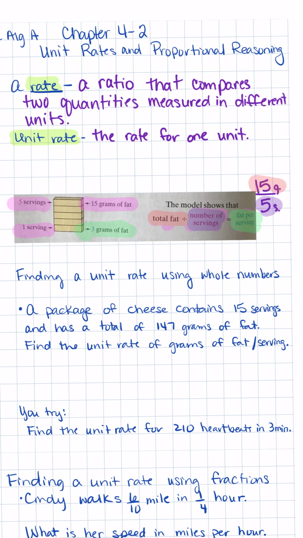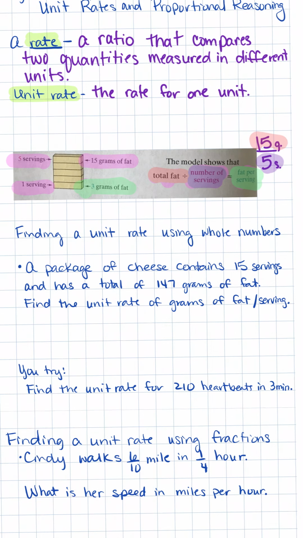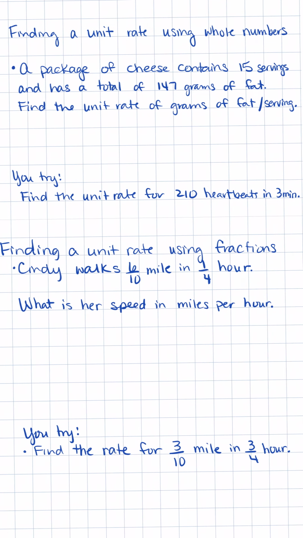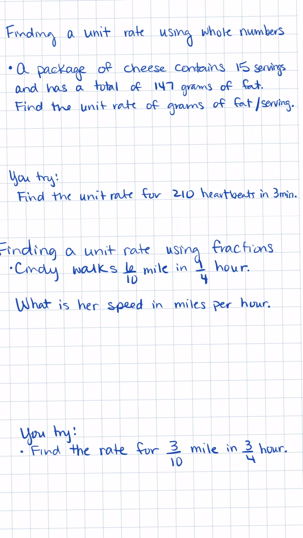Okay? So, finding a unit rate using whole numbers. A package of cheese contains 15 servings and has a total of 147 grams of fat. Find the unit rate, grams of fat per serving.